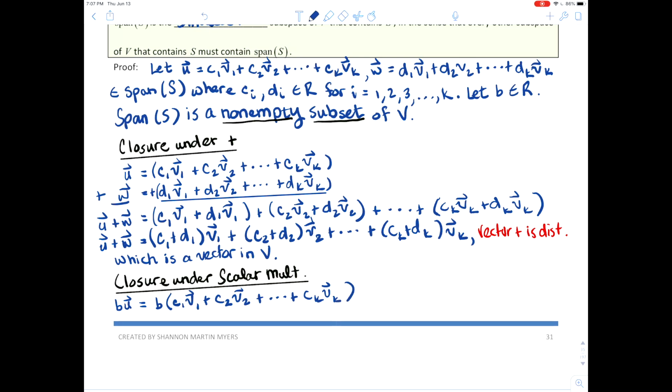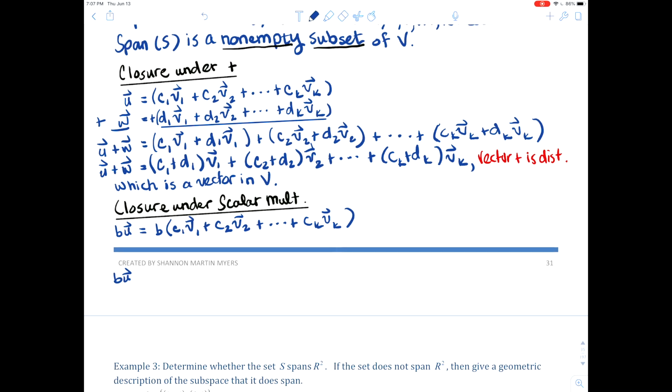Bringing in the b, we have b times u equal to b times c1 times v1 plus b times c2 times v2 plus dot dot dot plus b times ck times vk.